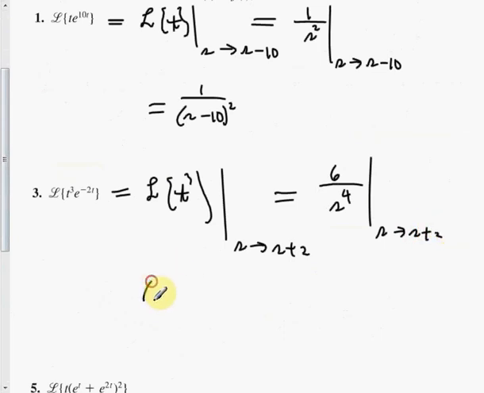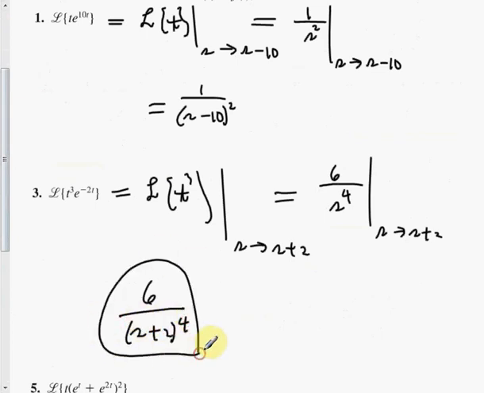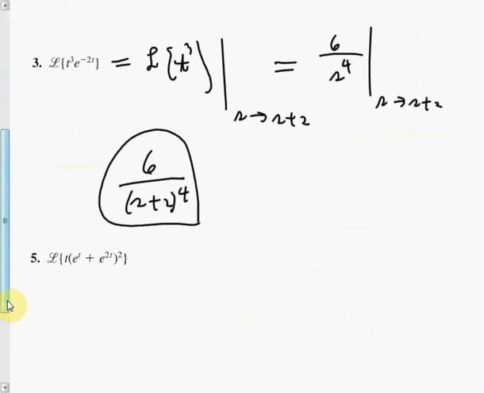So this answer is 6 all over, in parentheses, s plus 2 raised to the fourth power. Is that okay? It doesn't matter how complicated they make the problem look, you just break it down.